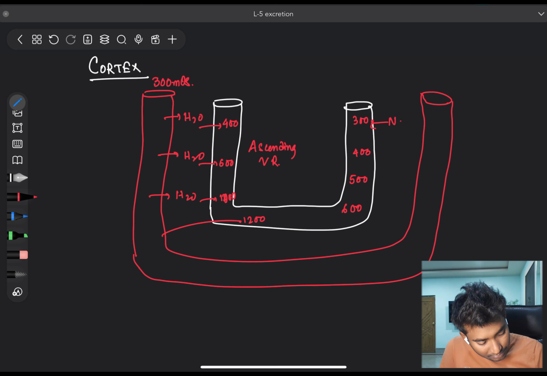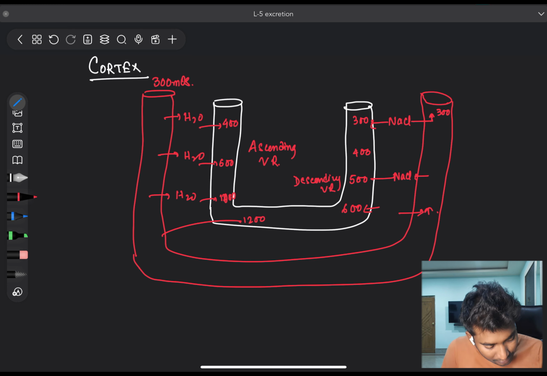Now the NaCl, it's 300. Then the NaCl goes in the descending VR. Now what happens?